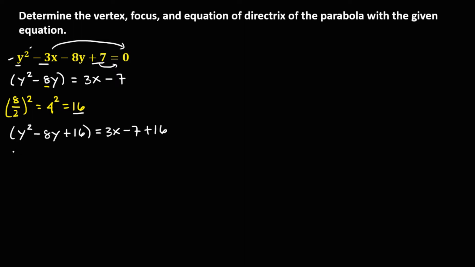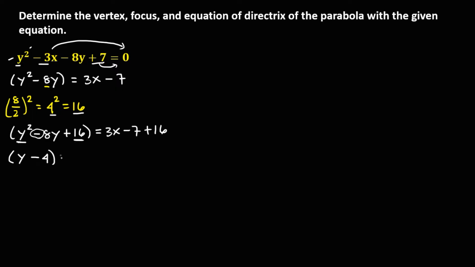Then apply the factoring. So factors of y squared, that's y times y. Then since this one is negative, so minus, and for 16, that's 4 times 4.